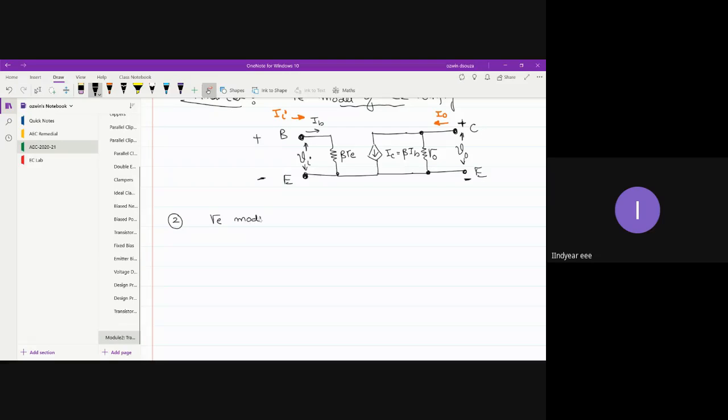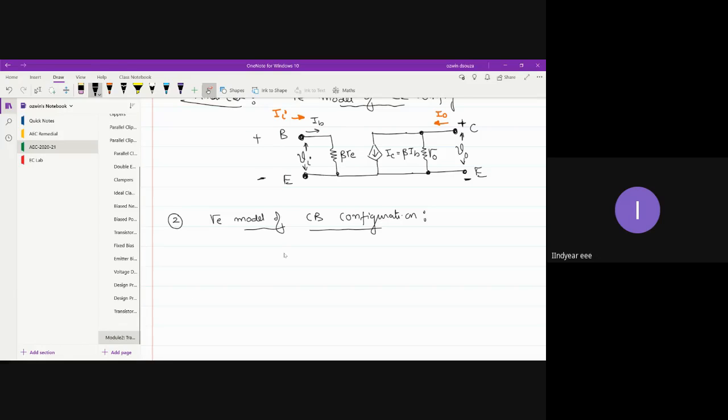Next up we have the RE model of common base configuration. This is very simple, much simpler than common emitter configuration. In the previous case, I had considered an NPN transistor.